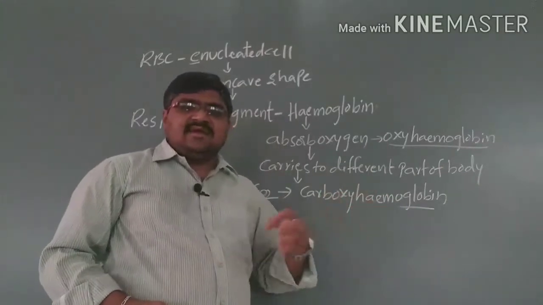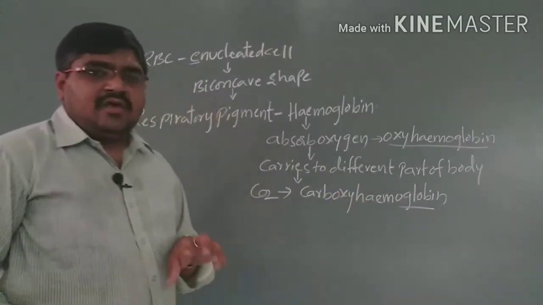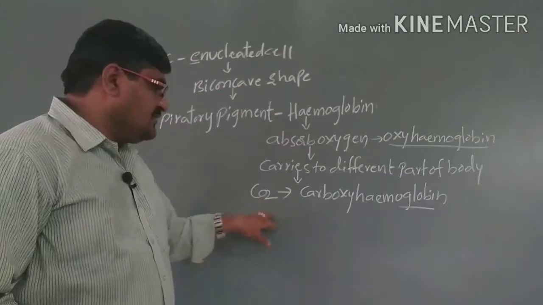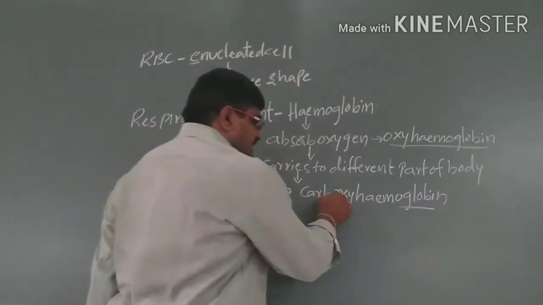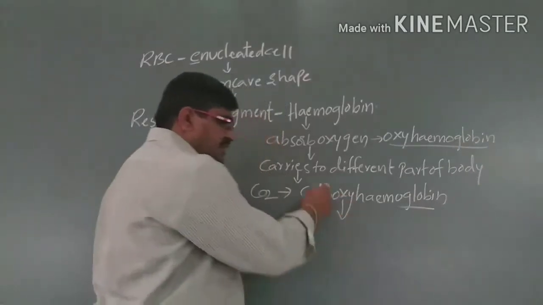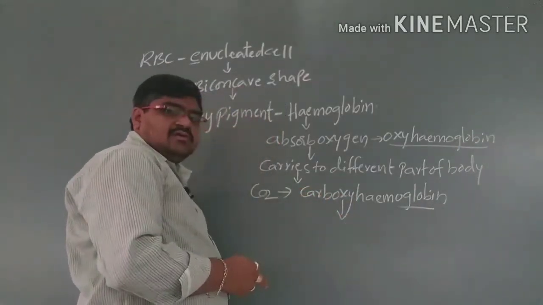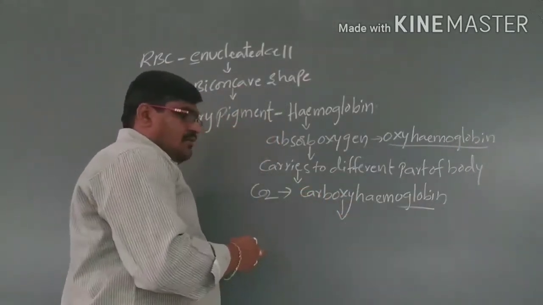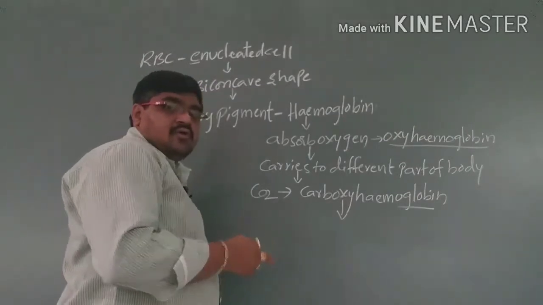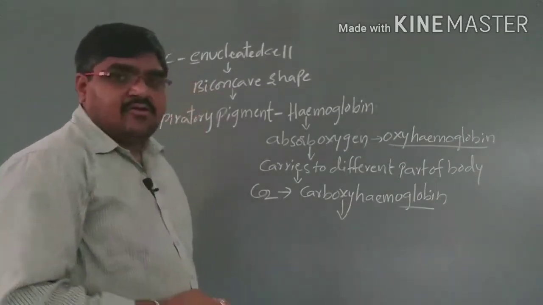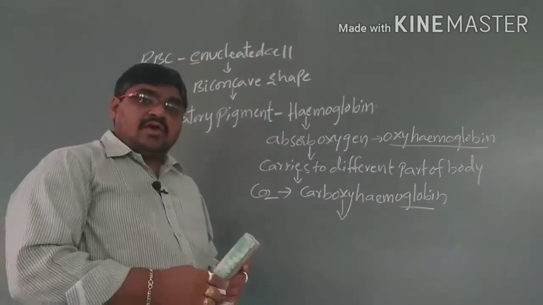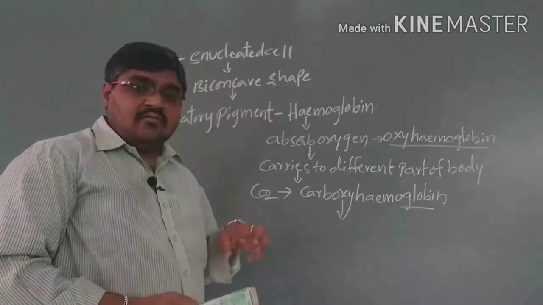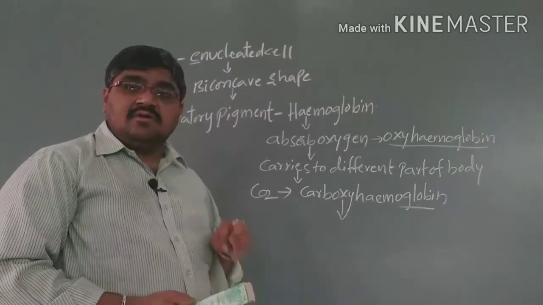Sometimes, if carbon dioxide has more affinity to hemoglobin, it forms carbaminohemoglobin, a stable compound.